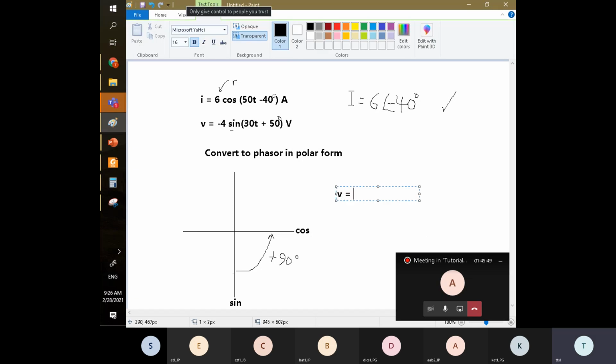So V will become, convert to cosine, become positive. Okay, the negative 4 will become a positive. This is a negative 4. This is not a typo. This is a negative 4. Will become positive. Cosine 30t is still there. Frequency doesn't change. Plus 50. And then plus 90.